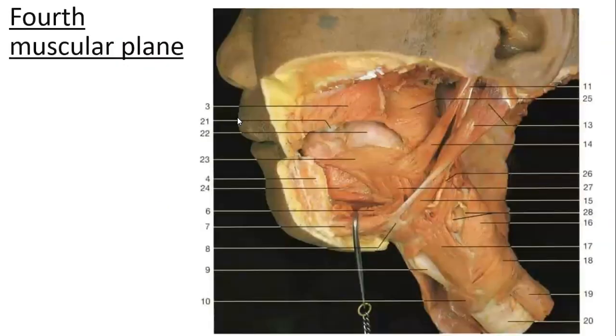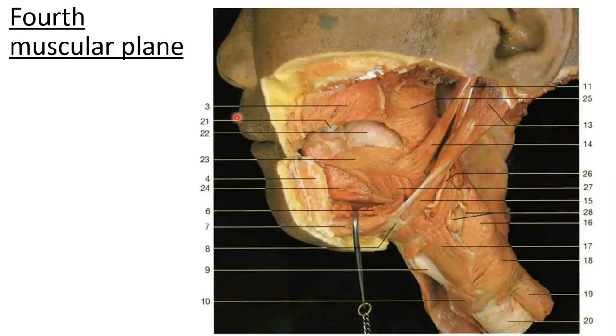Okay, so on to the fourth muscular plane. For the fourth muscular plane, just one muscle, easy to know. From the genial tubercle to the tongue, genioglossus, okay? The way I remember the action of genioglossus is, I just say it aims the tongue.